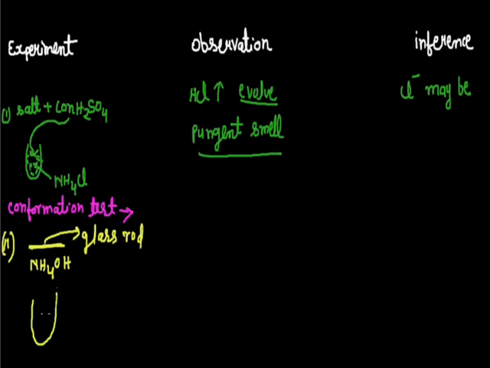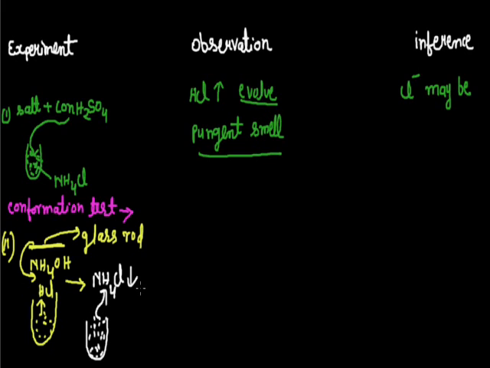For example, this is the test tube and HCl gas is evolving from it. When we apply the glass rod to it, after the reaction between NH4OH and HCl, it gives NH4Cl, which forms white dense fumes. So in this experiment, the salt is here and the dense white fumes appear, and these fumes are due to NH4Cl.